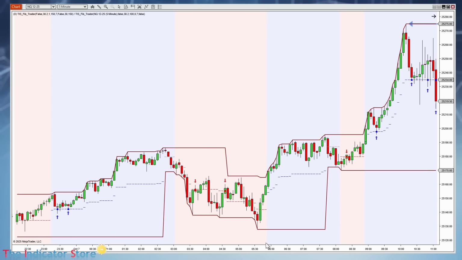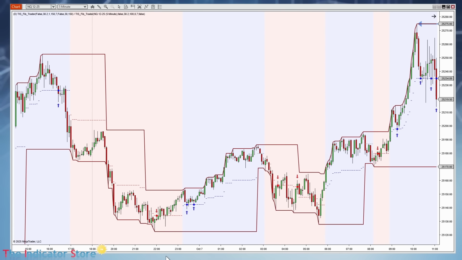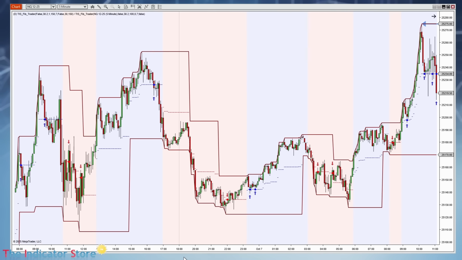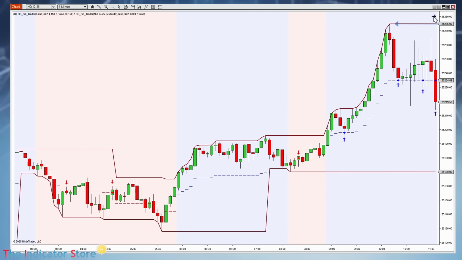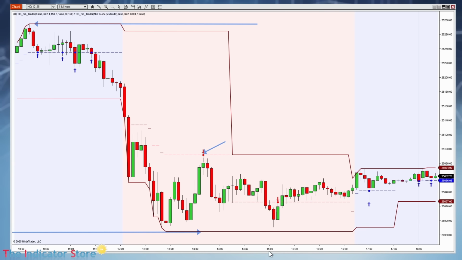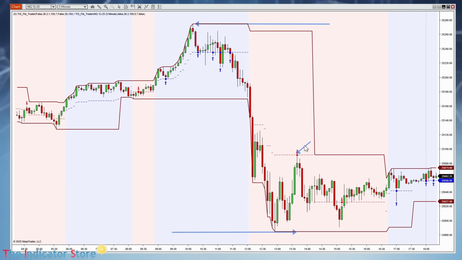The other filter is maybe most of the times the first long and the first shorts are the best, no? So we don't want to trade all of them. So here we have a short. This is the first short. And here we have one long and several others. Okay? And look at this short here.